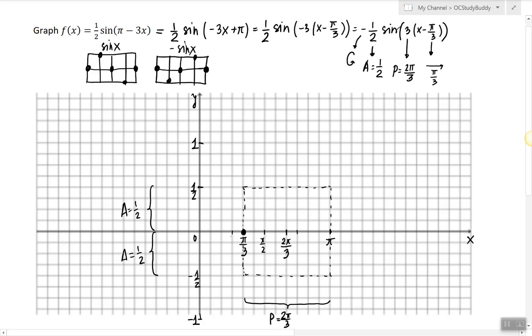And this box I'm going to divide into segments, and in this grid I'm going to fit the shape of negative sine x. So the graph will look like this.